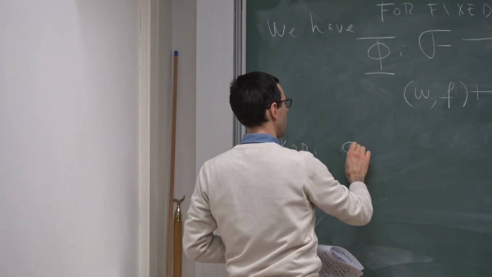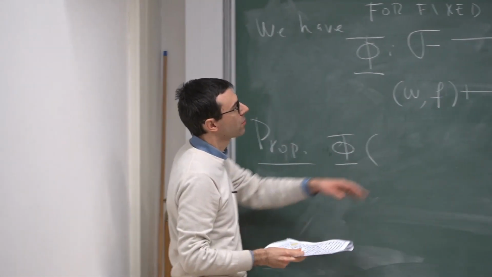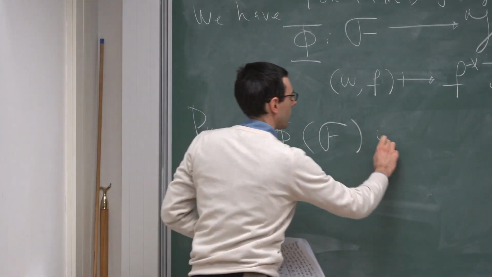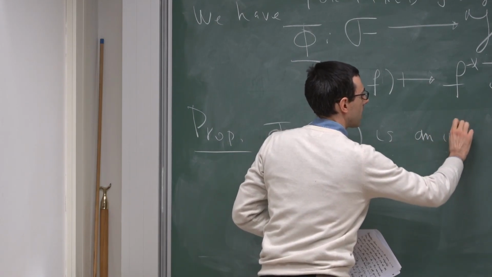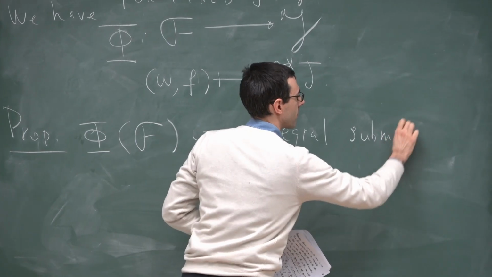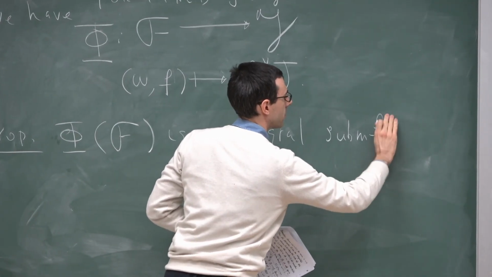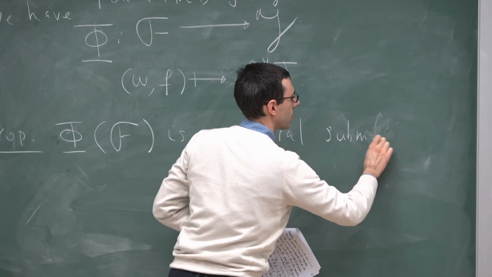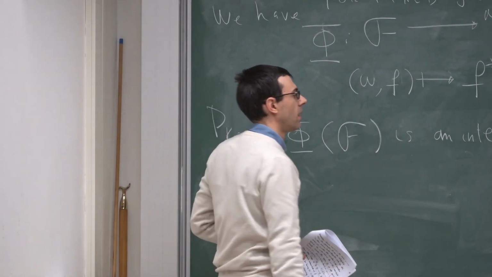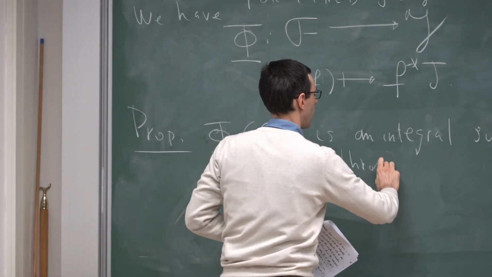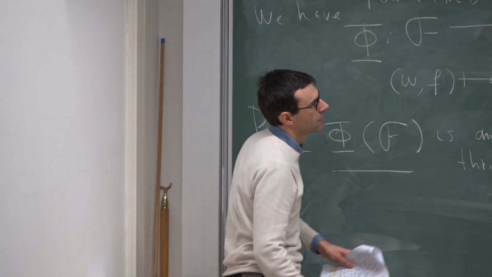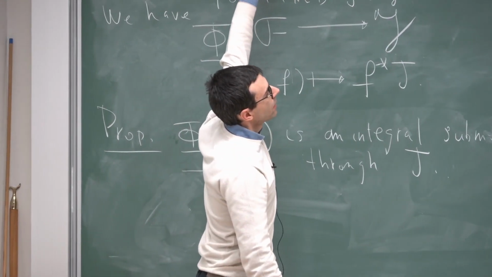The image of this evaluation map phi from the space of pairs is in fact an integral submanifold of this distribution, this complexified distribution, through j. Okay.